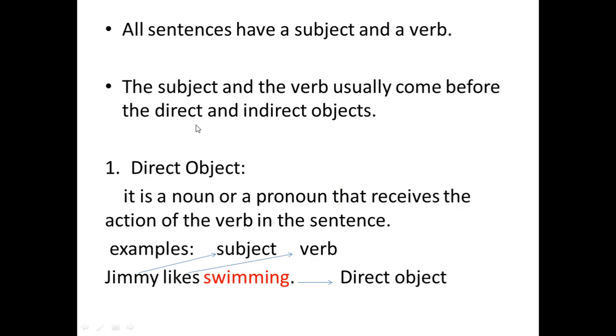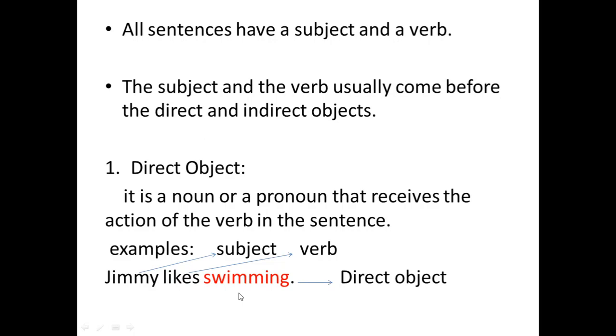So here, students, you have to make a question. Remove swimming now. If you want to create a question, how will it be? What does Jimmy like? Or you can say, Jimmy likes what? Without swimming.